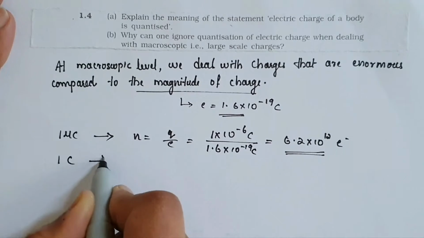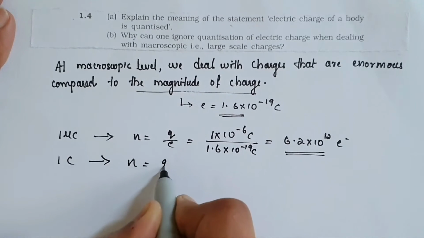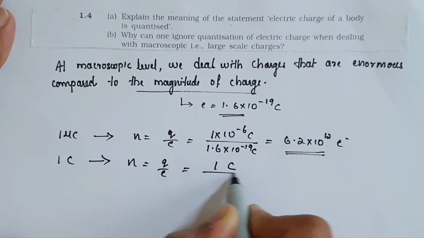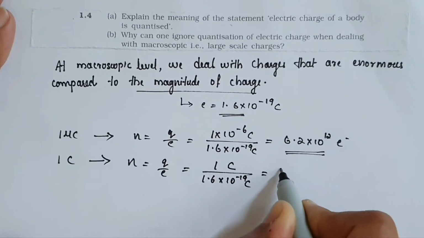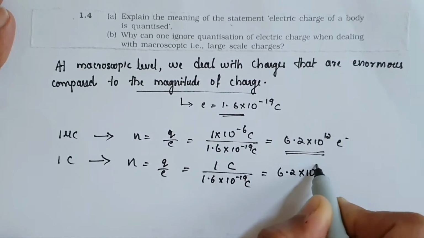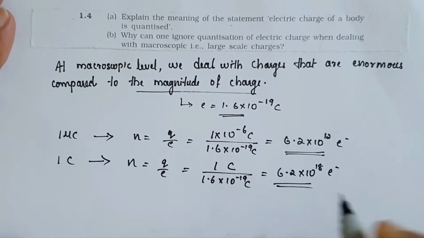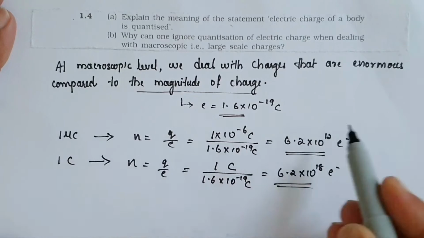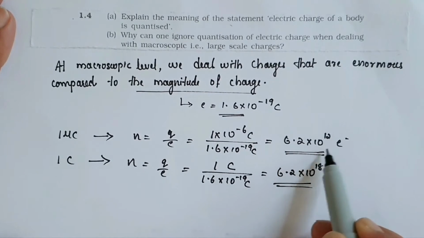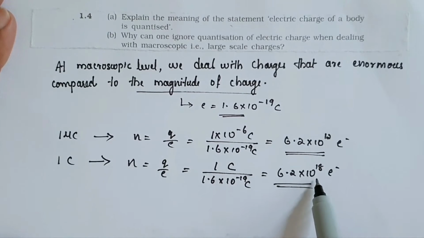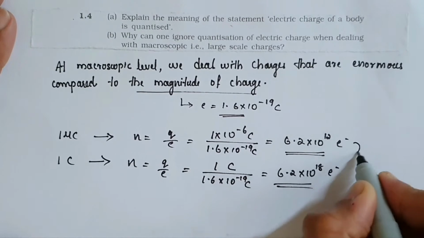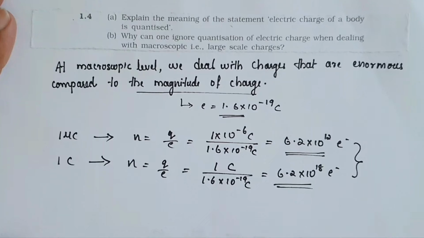Similarly, 1 Coulomb of charge contains N equal to 1 Coulomb by 1.6 into 10 raised to minus 19 Coulomb. This is equal to 6.2 into 10 raised to 18 electrons. So, 1 microcoulomb of charge contains 6.2 into 10 raised to 12 electrons. Similarly, 1 Coulomb of charge contains 6.2 into 10 raised to 18 electrons, which is an extremely large number.